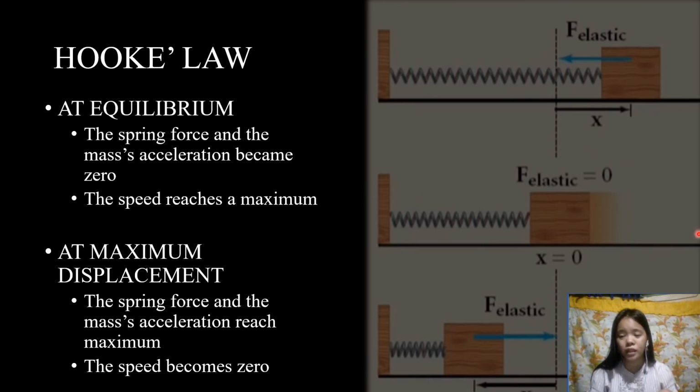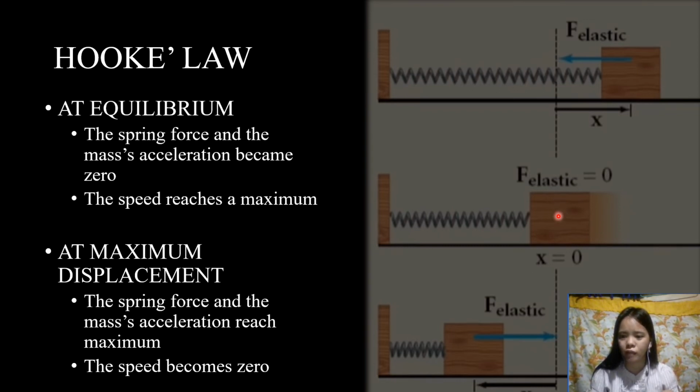So the law basically says that at equilibrium, the spring force and the mass acceleration become 0, so the speed reaches its maximum. While at maximum displacement, the spring force and the mass acceleration reach their maximum, while the speed becomes 0. At equilibrium there is maximum speed with no displacement, so there is 0 acceleration.